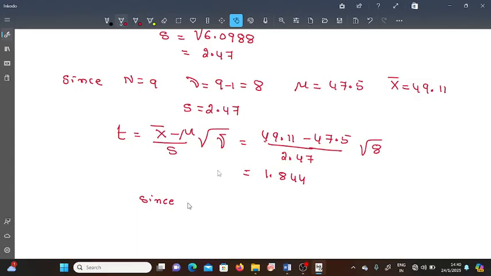For 0.05 level of significance or 5% level of significance, the tabulated t value with 8 degrees of freedom is 2.31.